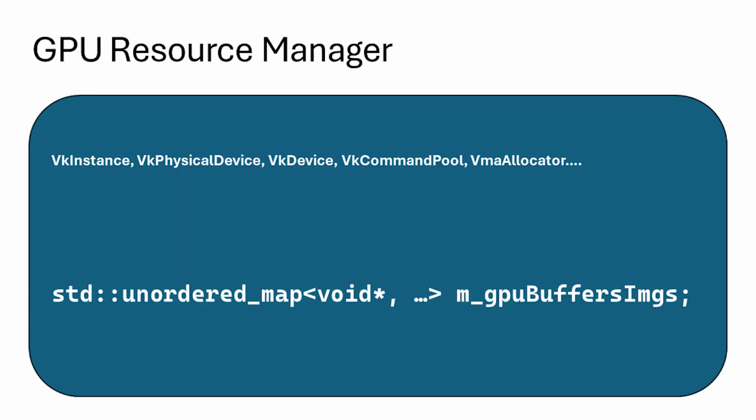First of all, the GPU resource manager basically has two tasks. The first one is to manage the basic Vulkan GPU information like Vulkan instance, physical device, logical device, command pool, VMA, and other objects. Its second job is to manage the GPU memory resources that the other engine components need to access.